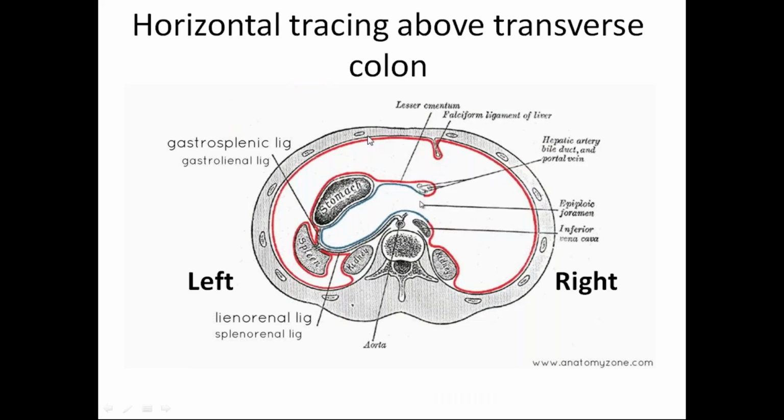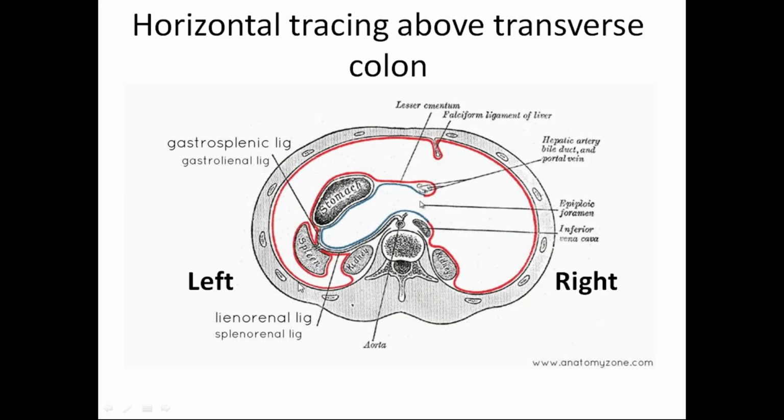Now see the horizontal tracing about the transverse colon. You know this is the falciform ligament. This is the right side and this is the left side. This is the transverse section of the abdomen. This space is for the liver and you can see the stomach. Between the liver and stomach is the lesser omentum. Now we'll start from the left side of the falciform ligament.